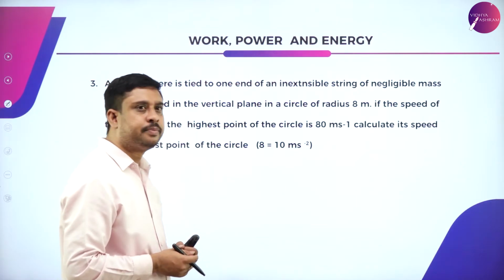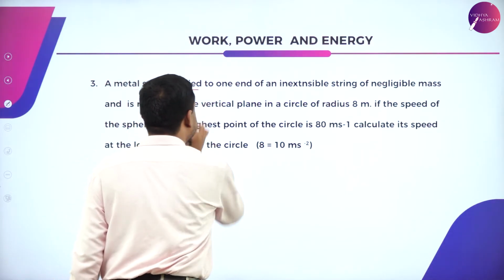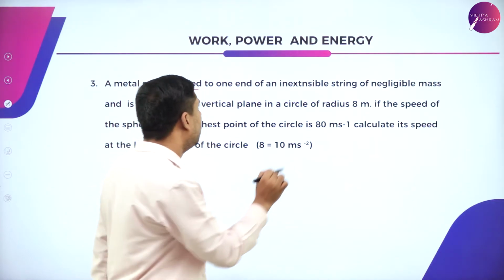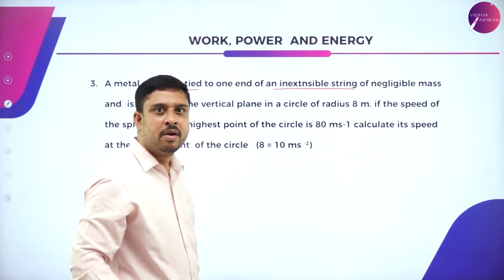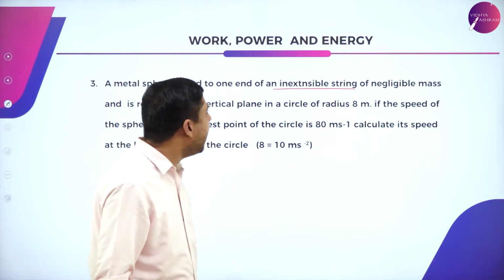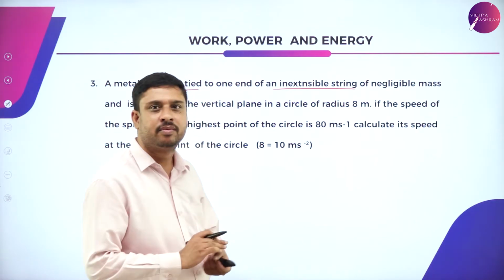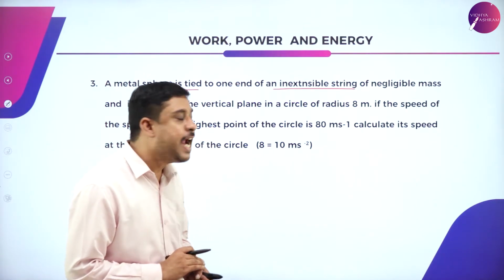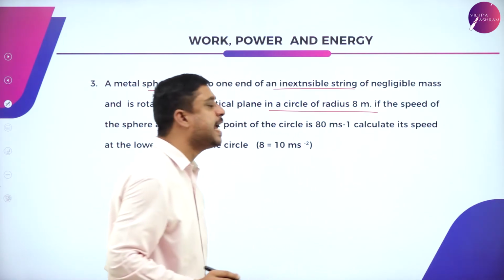The next question. A metal sphere is tied to one end of an inextensible string of negligible mass and rotated in a vertical plane of radius 8 meters.